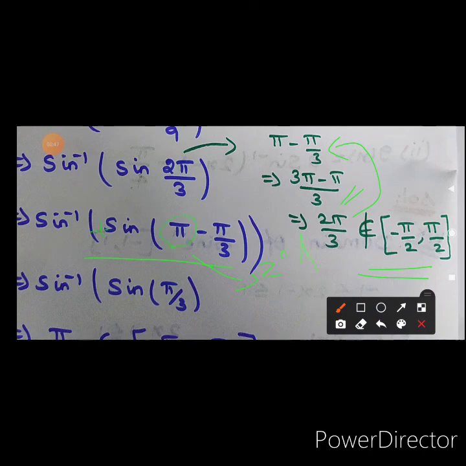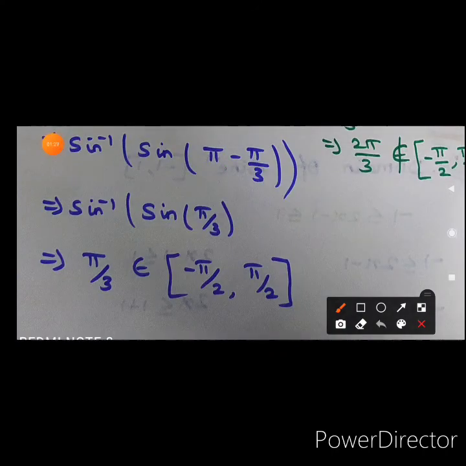Pi means no change. So sine inverse of sine positive, sine as it is because pi, that is 180. So sine as it is, theta is pi by 3. Sine inverse of sine of pi by 3.